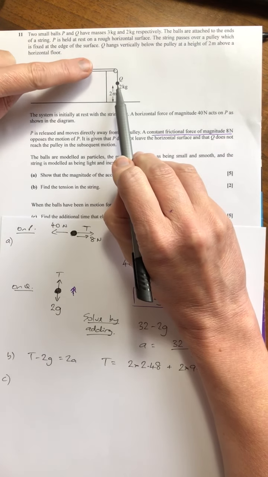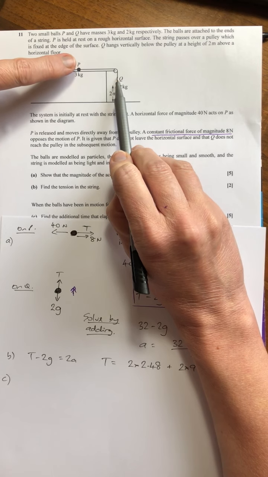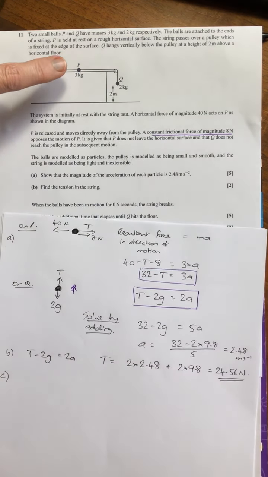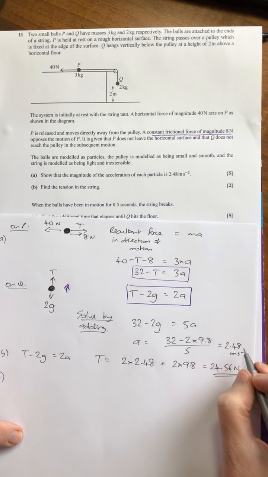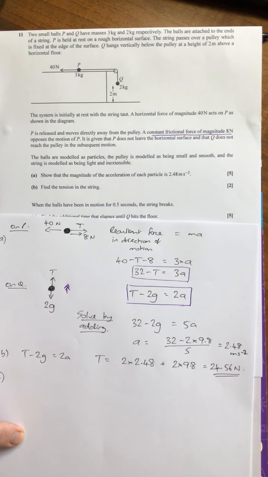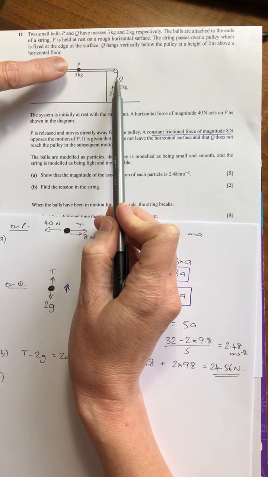So Q is travelling upwards, and it's accelerating upwards with an acceleration of 2.48 metres per second. Sorry, that should be squared, of course. So it's travelling upwards, and then after half a second, the string breaks.